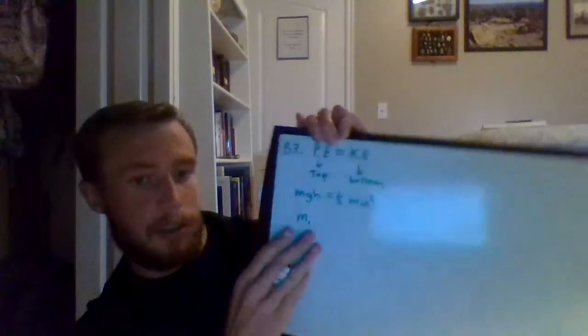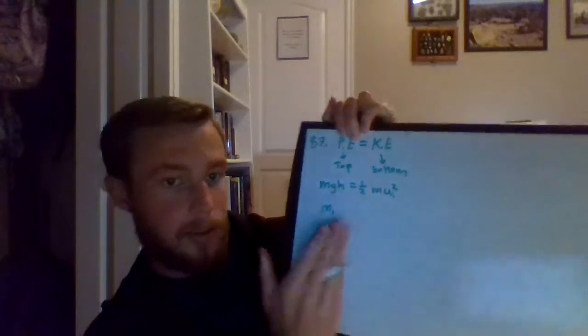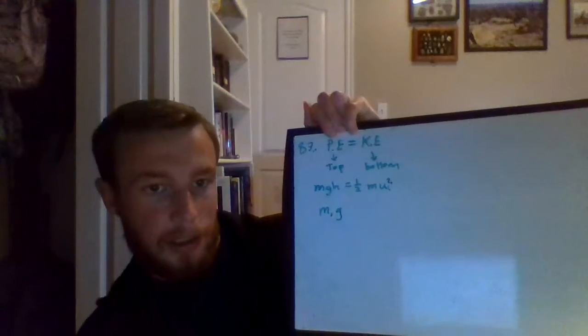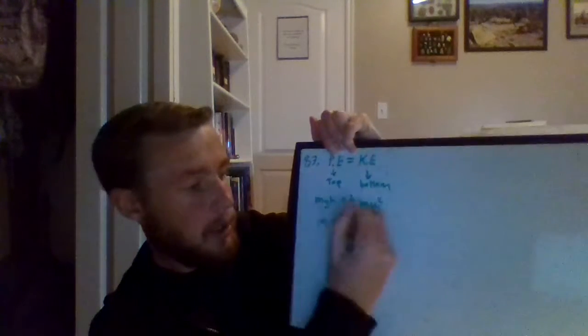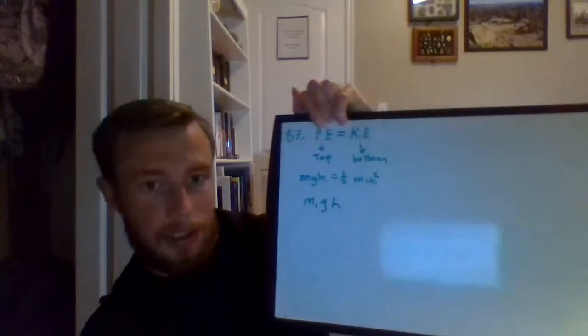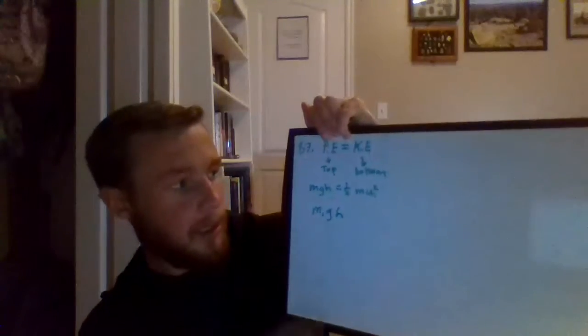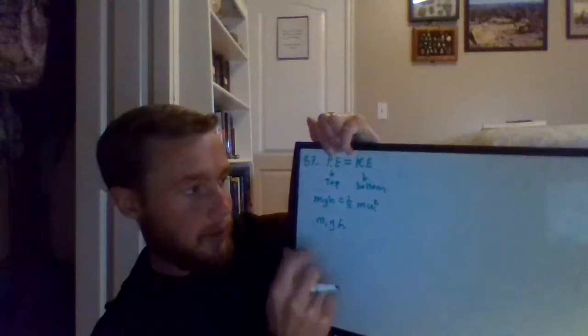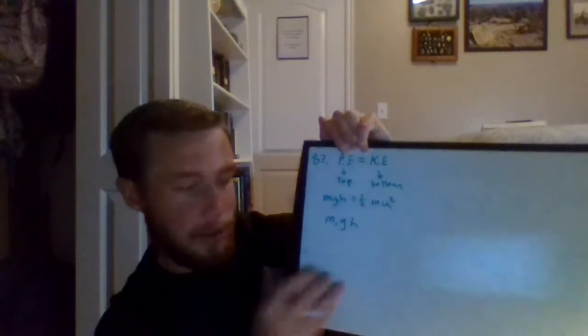So we can do that by doing the mass of the package, G is the acceleration due to gravity, and H is the height. It's going to be important to distinguish the mass 1 from mass 2 later on, so that's why I put an M1 there.